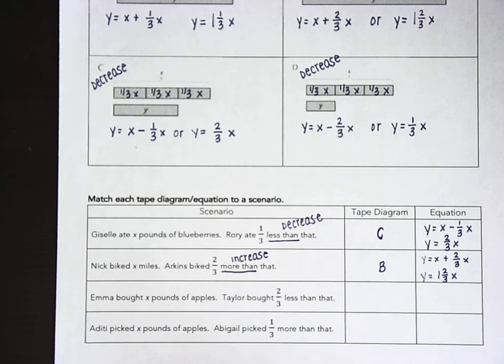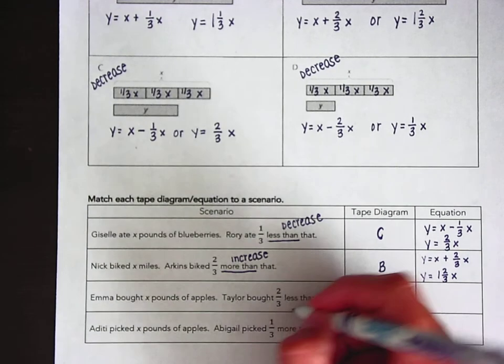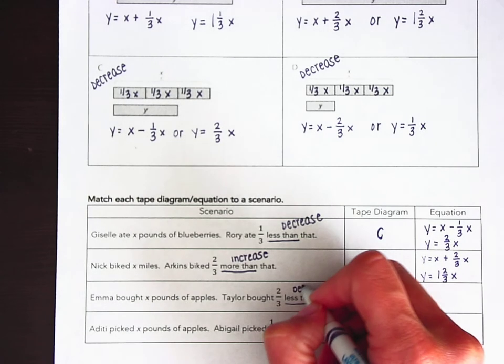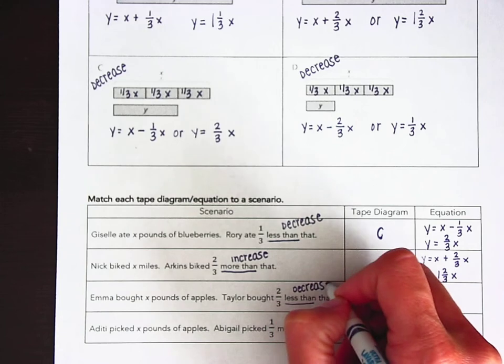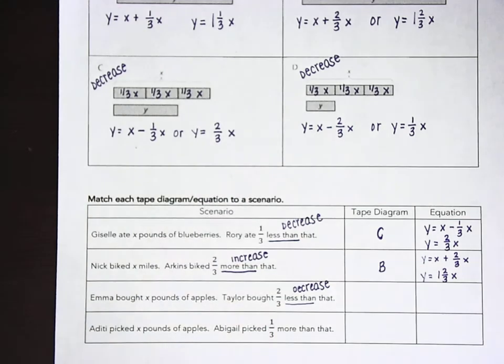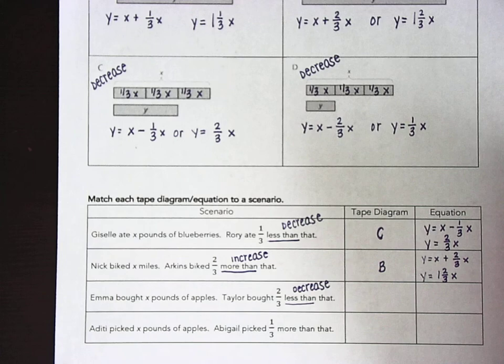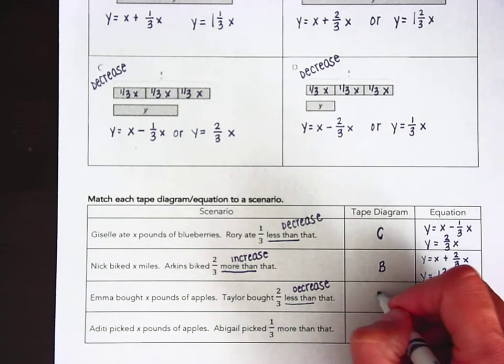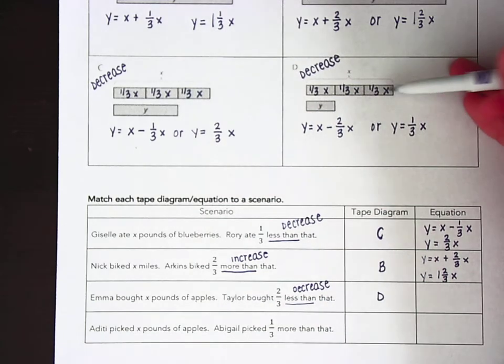So Emma bought X pounds of apples and Taylor bought 2/3 less than that. So again, we see that term less than, which signals this is going to be a decrease. And we know it's going to be a decrease by 2/3. So when I look at my tape diagrams up here, tape diagram D is where I see a decrease of 2/3.